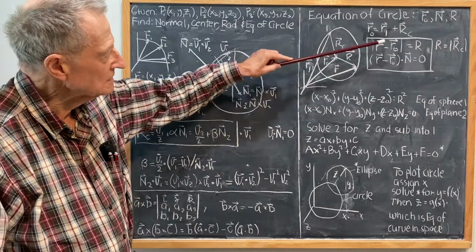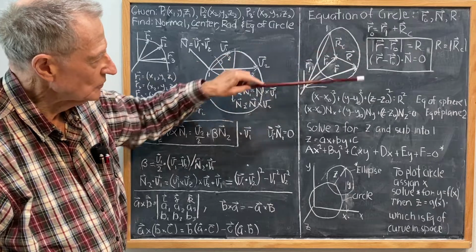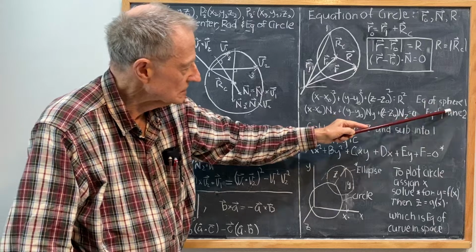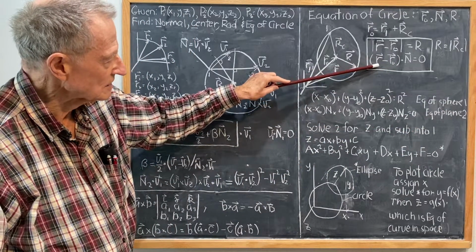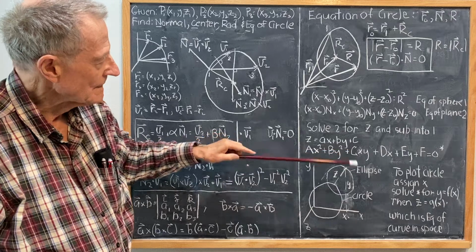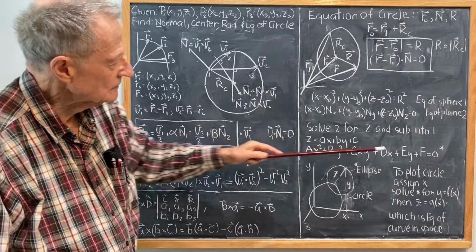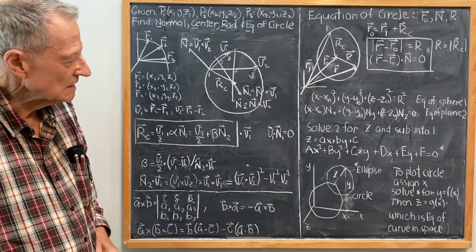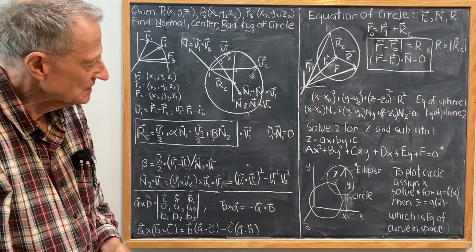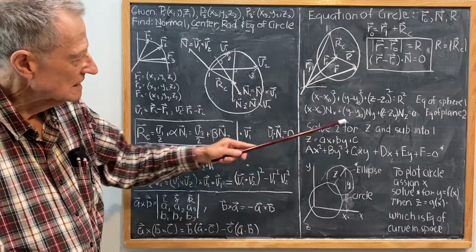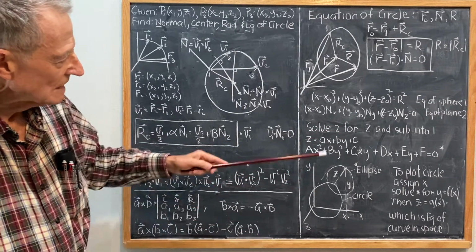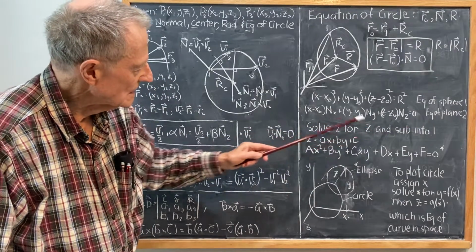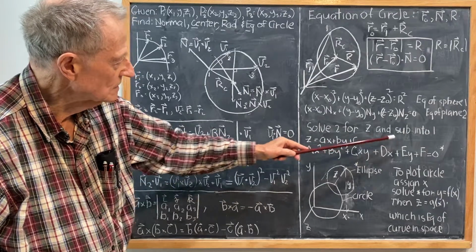Now I can expand this equation in terms of coordinates to get this equation, which is the equation of a sphere. And this equation here, expanded in terms of the coordinates, is the equation of a plane. It's equation 2. Now, to get the equation in terms of x, y, and z, I can solve 2 for z and substitute into 1.